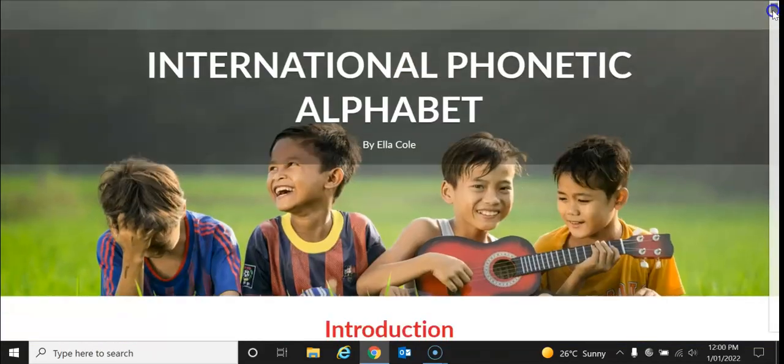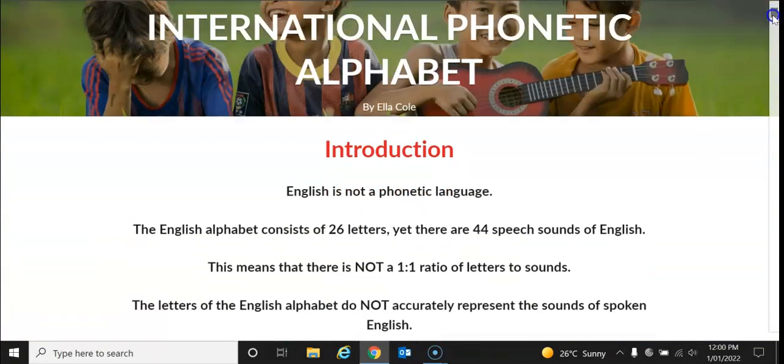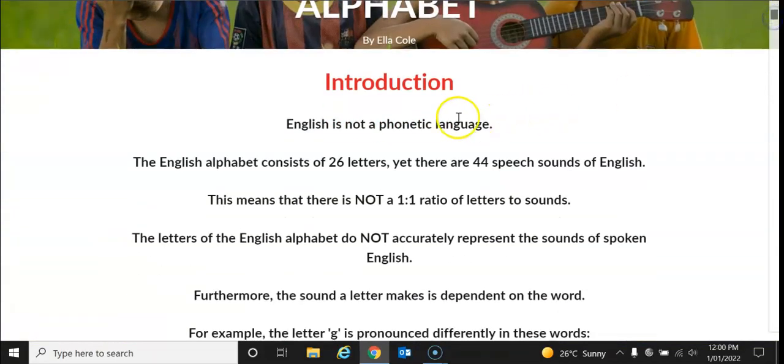The reason it's useful is because English is not a phonetic language. The letters that we use in writing do not accurately represent the sounds that we make in English. The English alphabet, as you know, consists of 26 letters, yet there are 44 speech sounds of English.